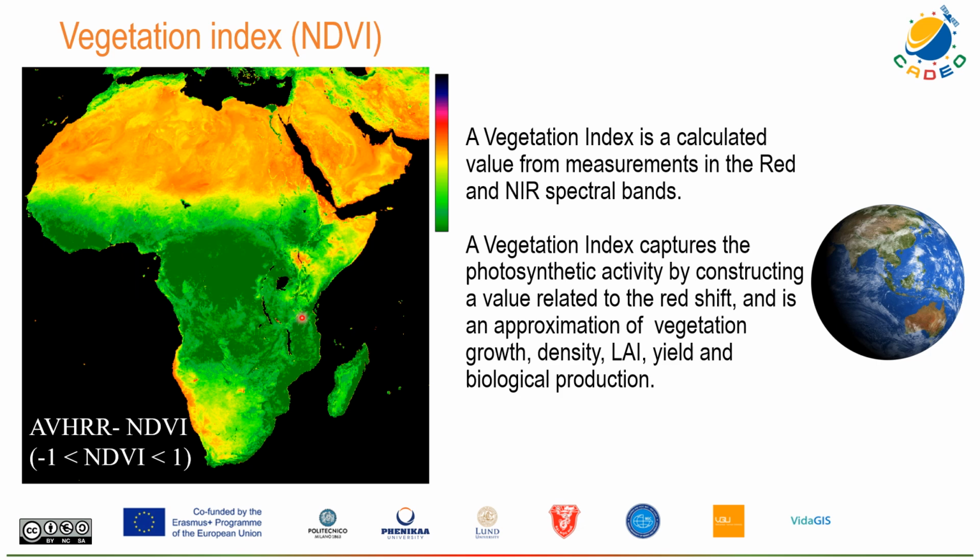In Congo here we have abundant vegetation, but up here we have the Sahel belt with big desert, and the Arabian Peninsula here. We also see very clearly the Kalahari Desert in the southwest of the African continent. So the vegetation index captures how much vegetation we have in every pixel.